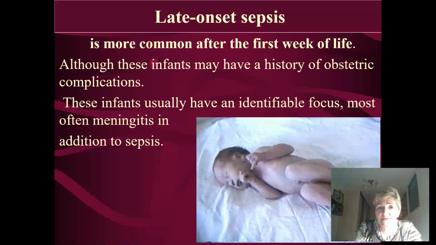Late onset sepsis is common after the first 2 weeks of life. Also, these infants may have a history of obstetric complication, and these infants usually have an identifiable focus and most often meningitis in addition to sepsis.